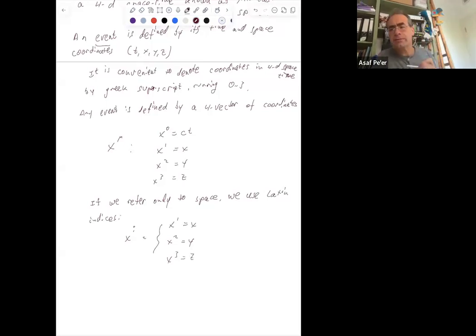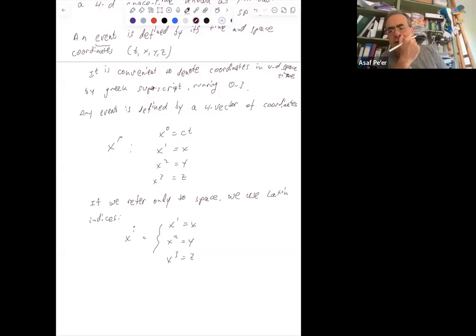If you're saying i, j, k, Latin indices, that means we're only referring to the spatial coordinates. The only place in this course that this will be relevant is when we speak about cosmology. We'll see.